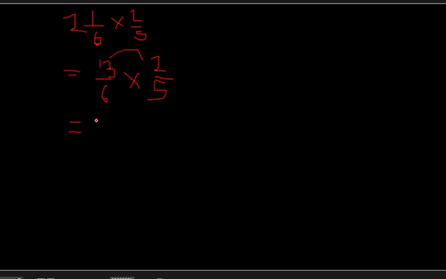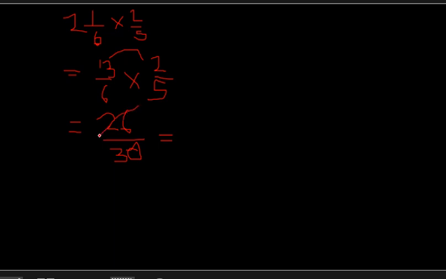13 by 2, you have 26. And 6 by 5, you have 30. However, this is not complete. Put it in lowest terms. How do you put it in its lowest terms?